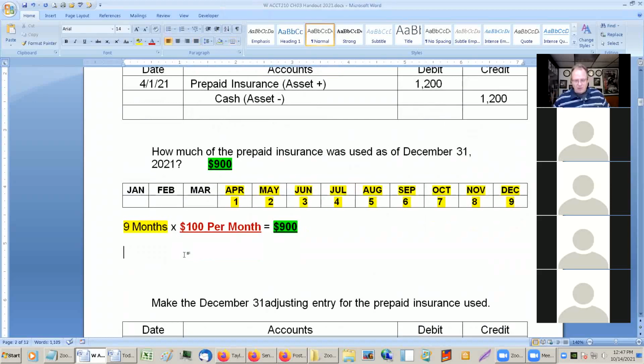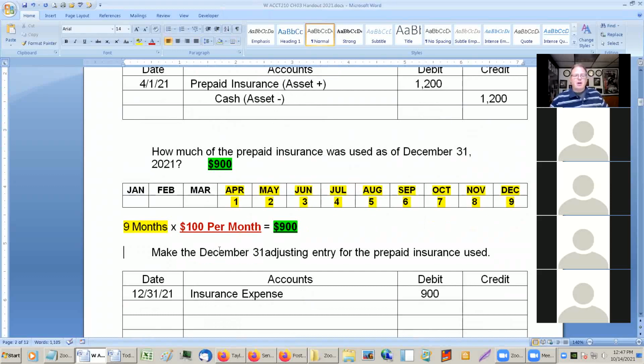This prepaid insurance account, we no longer have $1,200. We have to reduce it by 900.